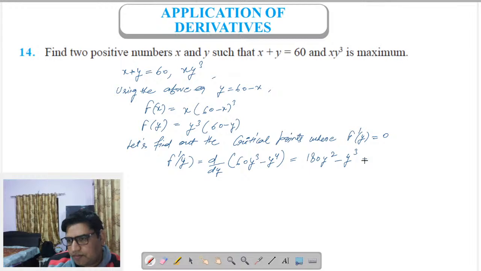Okay, and if we equate that to 0, y will be equal to 180. So from here we get y is equal to 180.